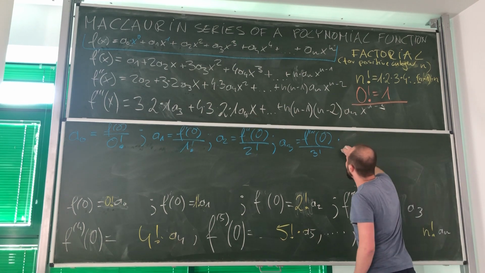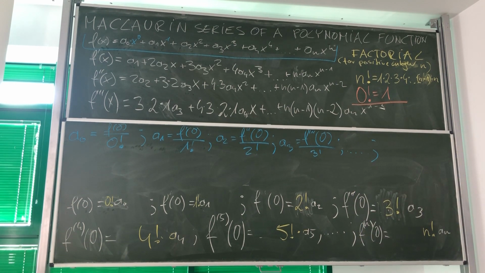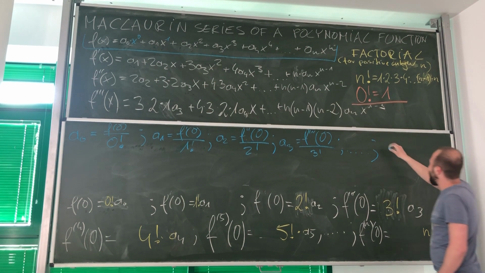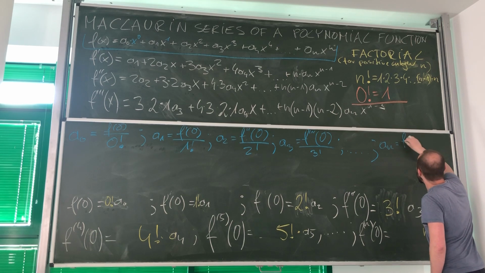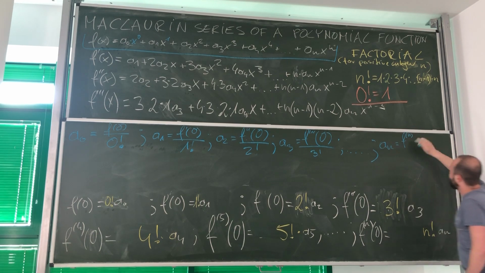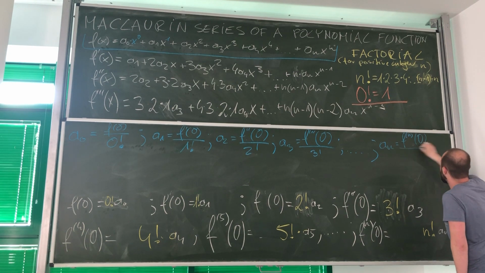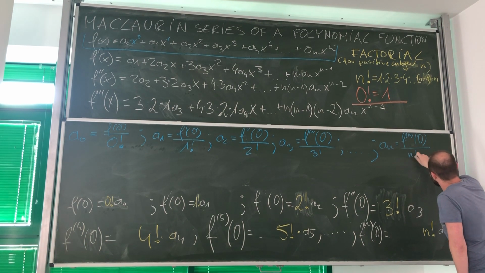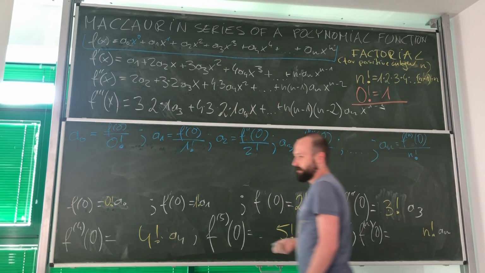And of course we could go on like this until we would stumble on the coefficient an, which is equal to the nth derivative of function f evaluated at 0 divided by n factorial.